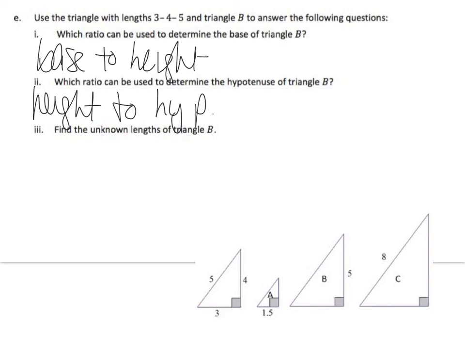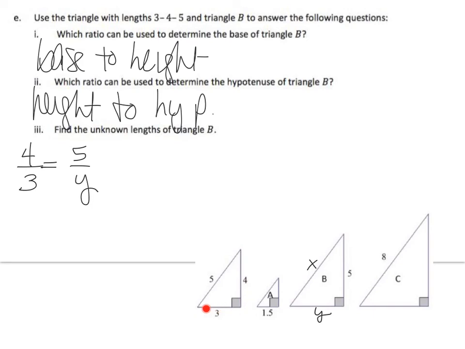Let's go ahead and try it. So we'll just say there's x and y. First of all, let's do base to height, which was 4 over 3 when we did it the first time. 4 over 3 equals 5 over y.